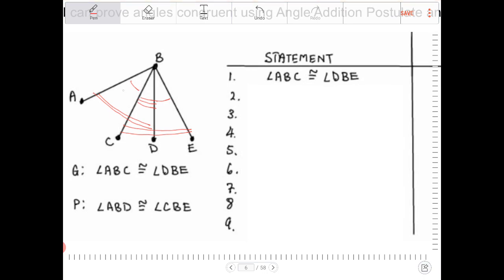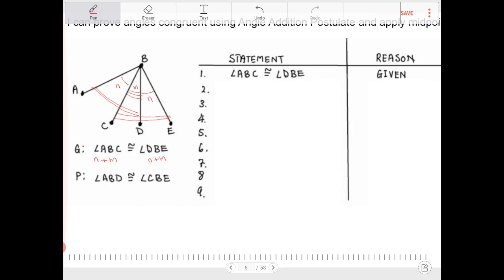So let's say I call this angle N. If ABC has an angle measure of N, then angle DBE is congruent to angle ABC, therefore this angle must also be N. And since CBD is different from either of those two angles, I'm going to call that M instead. Can you see that angle ABD is N plus M, and DBE is also N plus M, and therefore they are the same?